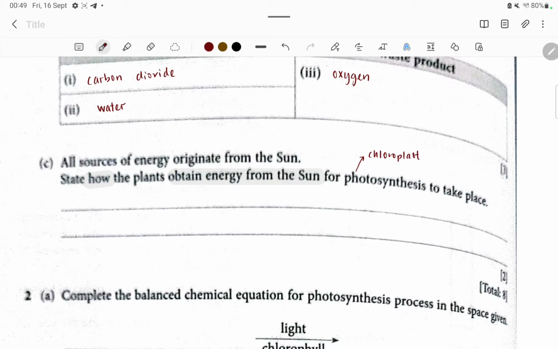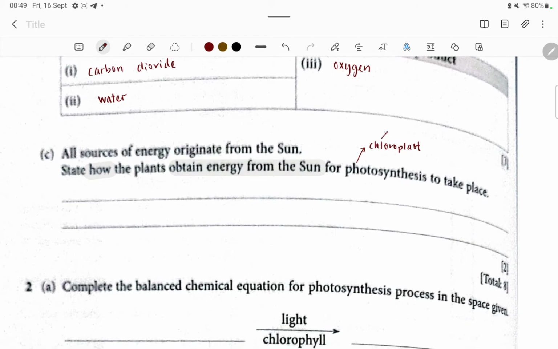And then what is inside chloroplast? Chlorophyll. This chlorophyll is actually a green pigment that absorbs light energy. So we use back this logic only, no?